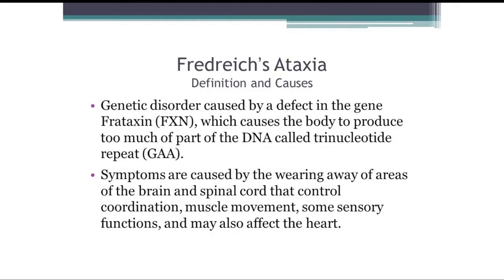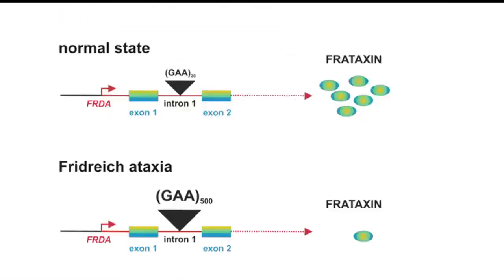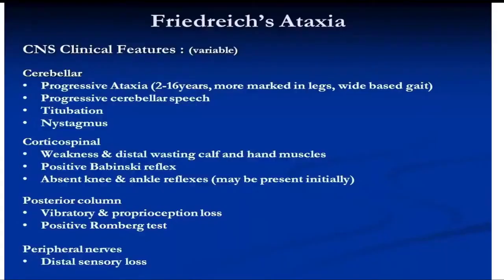The affection of brain and spinal cord happens, and the heart is also affected. So the reason of this disease is an increase in the number of GAA repeats in the intron of the frataxin gene. So the amount of this protein decreases.